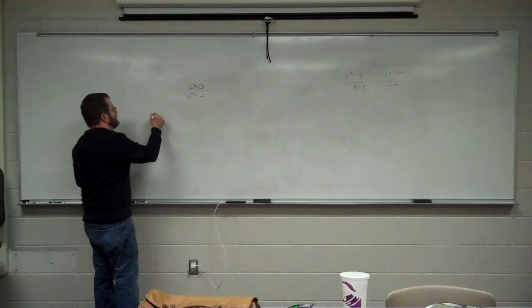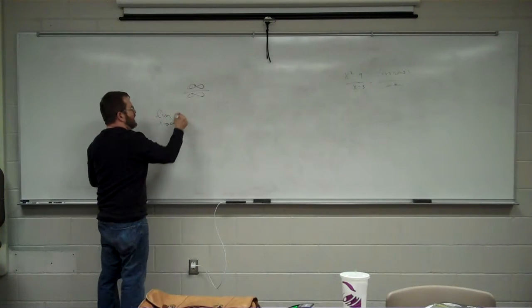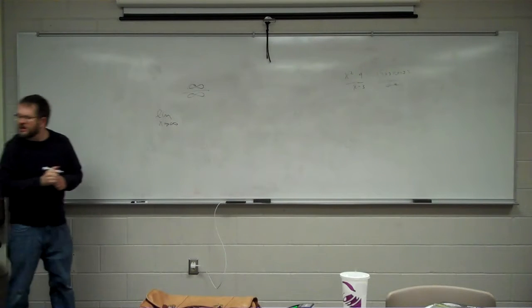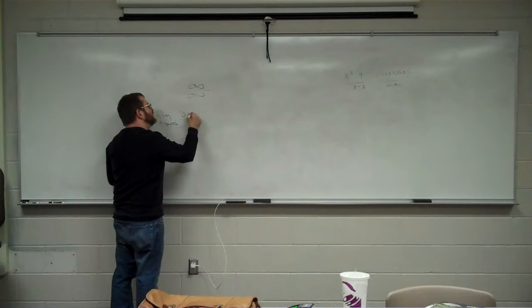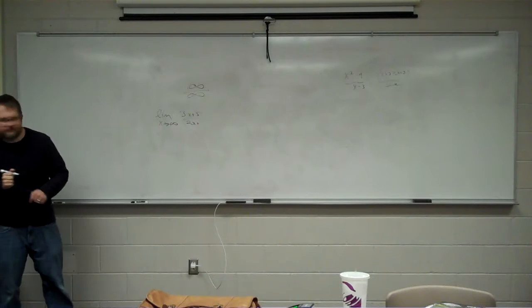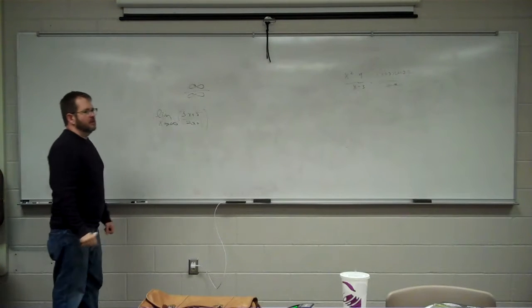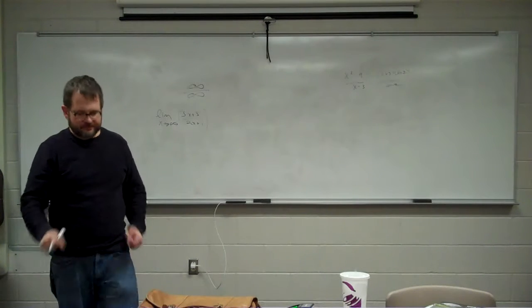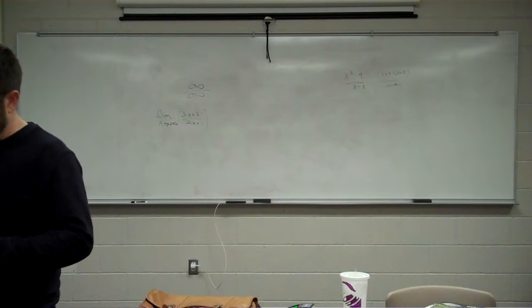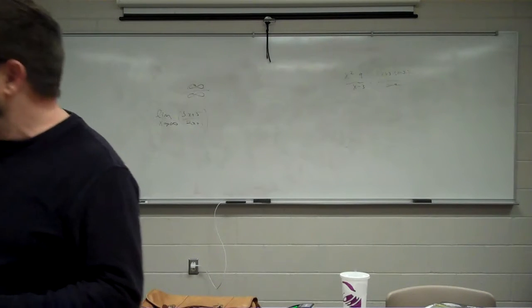What would be the limit as x approaches infinity of 3x plus 5 divided by 2x plus 1? Okay. That thing I have in parentheses there, that's just a function.